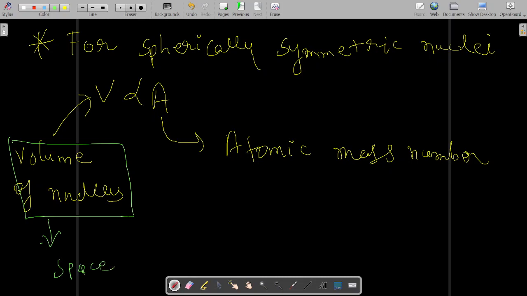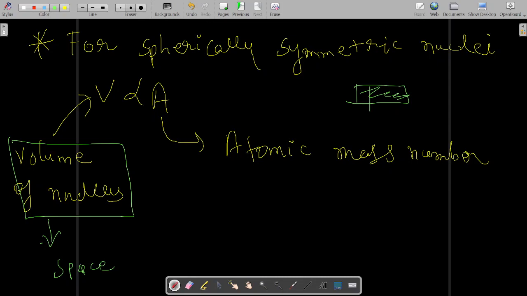For example, suppose you have an Apsara non-dust eraser. It is occupying some space, so it has volume. Like that, the nucleus will also have some volume, although comparing the nucleus with this eraser is not a good comparison, because your eraser is a macro object and your nucleus is a micro object.